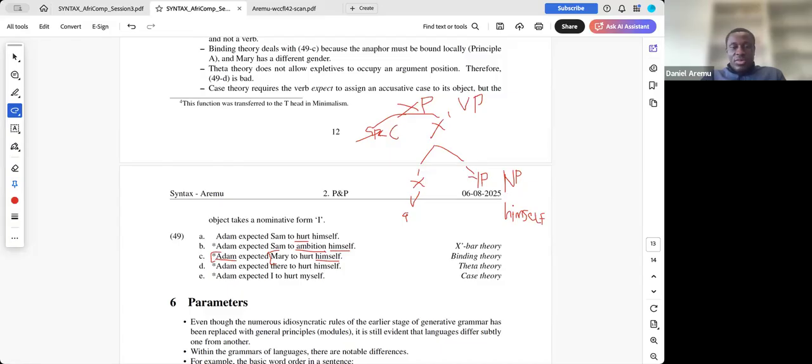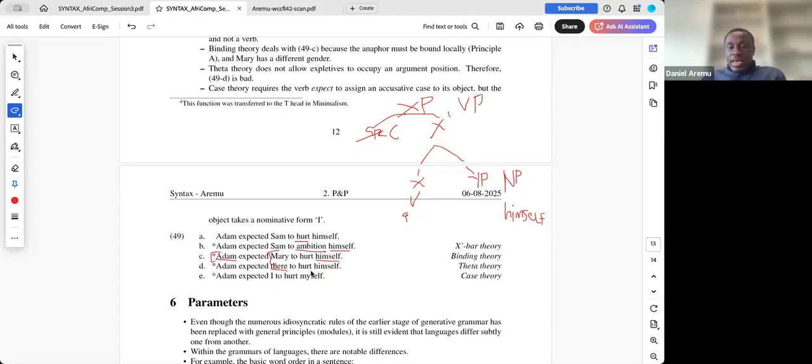This was similar to some questions that were asked. Let me see, someone is saying something. Yes, that's the answer. Because there is an expletive, that is it. Remember that theta theory says that you assign a theta role to every argument. But now we have an item here that is not an argument, so it cannot be assigned a theta role.